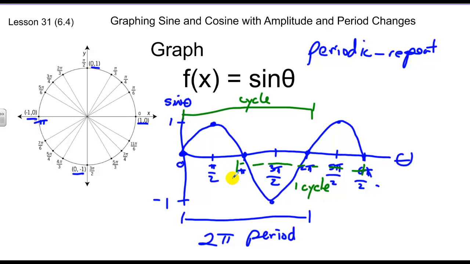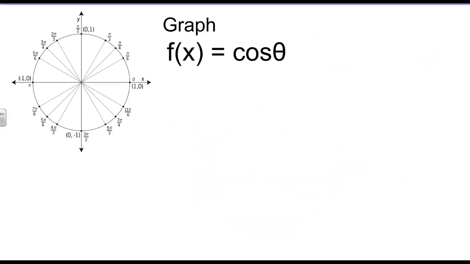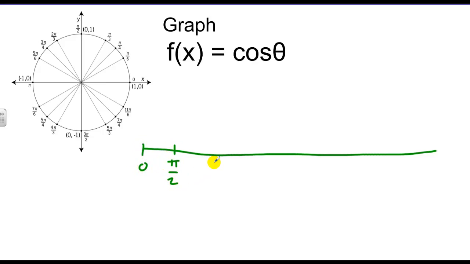All right. Now, if we were to graph cosine, I'd do the same basic thing. Here's my axis. Start at 0, go to pi over 2, pi, 3 pi over 2, 2 pi, 5 pi over 2, 3 pi, and I can keep going as long as I wanted to. Now, this time we're going to graph the cosine values vertically.